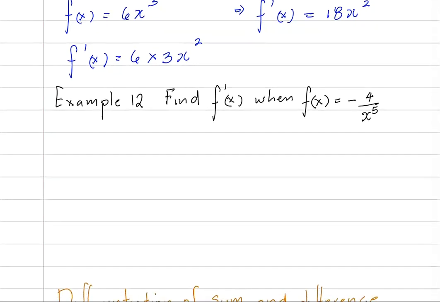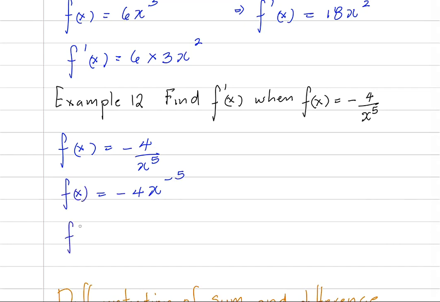So in example 12, we have f of x is equal to minus 4 over x to the fifth power, which is the same as saying minus 4x to the minus 5. That's using our laws of indices. All right, so that's f of x.